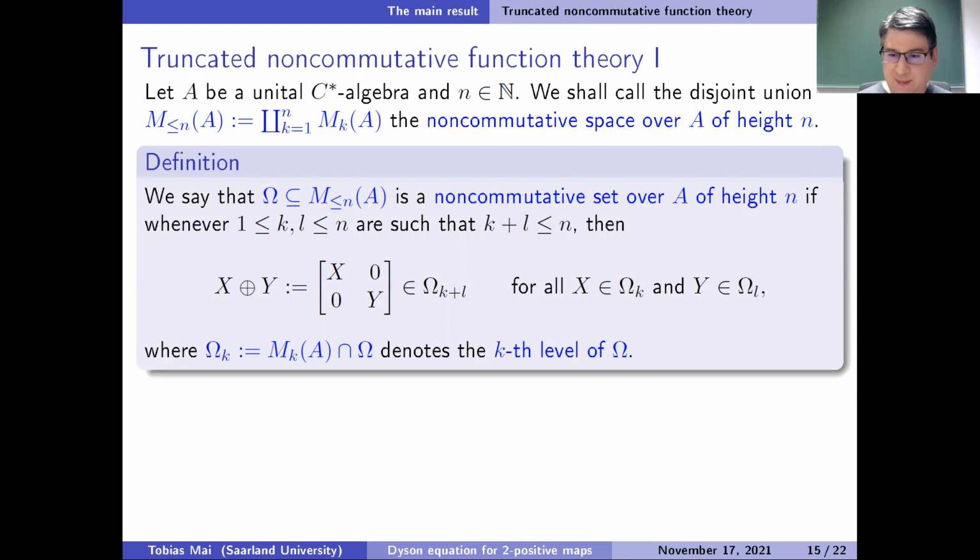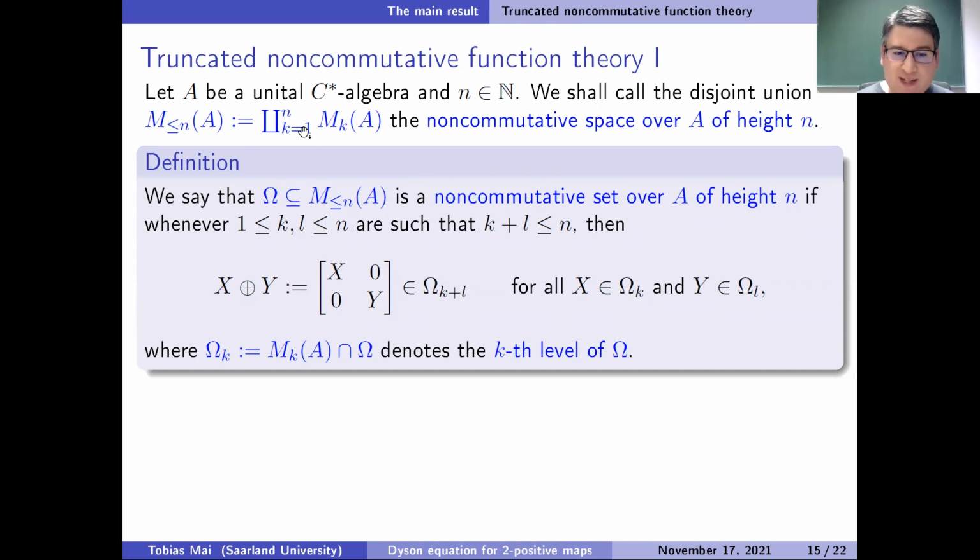As you know, non-commutative function theory considers non-commutative sets, in the sense that I'm working with subsets of matrices of all sizes over a given algebra with certain compatibility properties, namely that I can combine points clockwise like this.